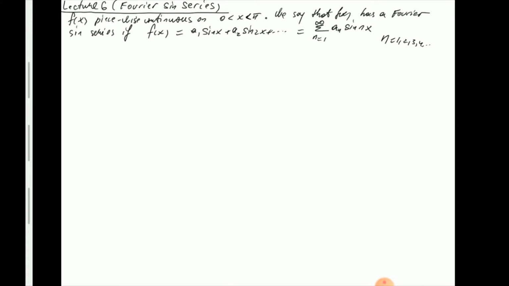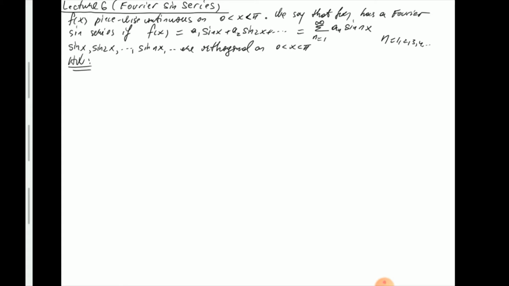And the formula for the coefficients is very similar. The reason you can obtain such a representation is because, just like the cosine functions, these sine functions, sine of x, sine of 2x, sine of nx, are orthogonal on the interval 0 to pi. This is a homework basically for you. Remember what that means.